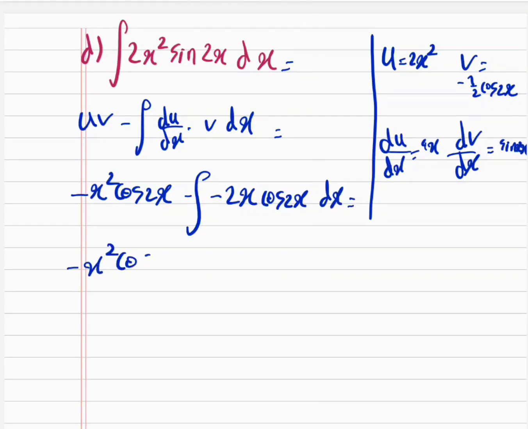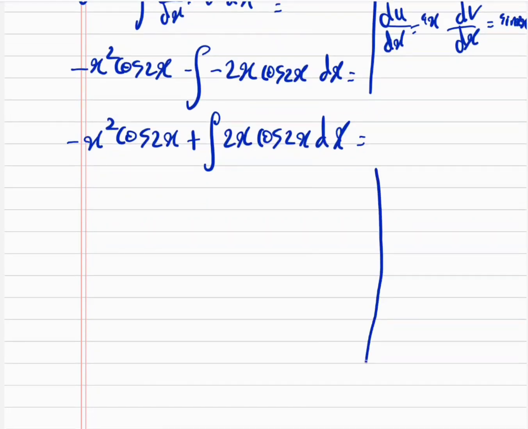Now we can rewrite this. The negative sign comes out of the integral, or actually, let's just do the negative for now. So it becomes plus 2x cos 2x dx. As in the last few questions, we need to use integration by parts twice, because now we have 2x times cos 2x, and we need one more round of integration by parts.